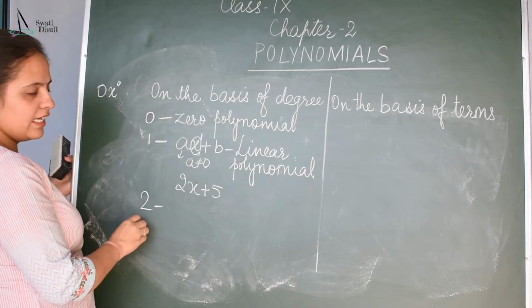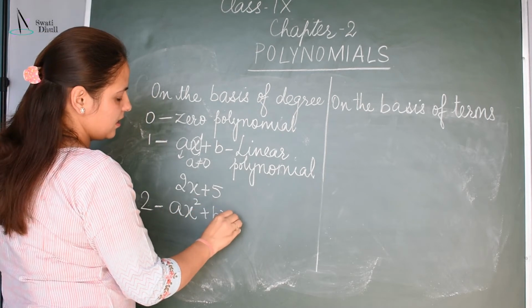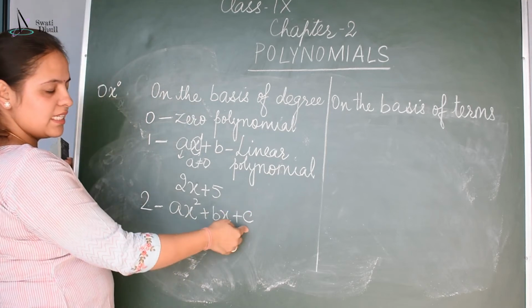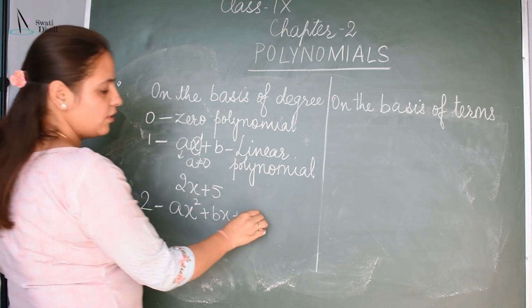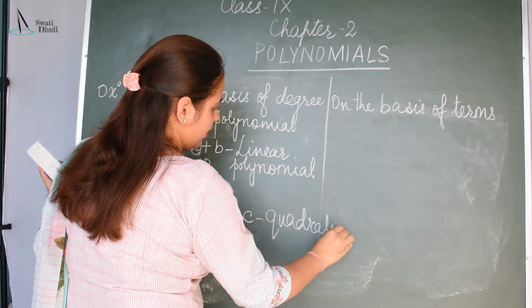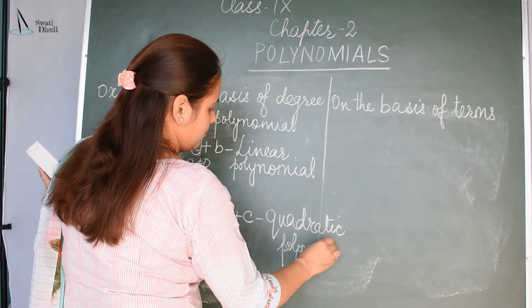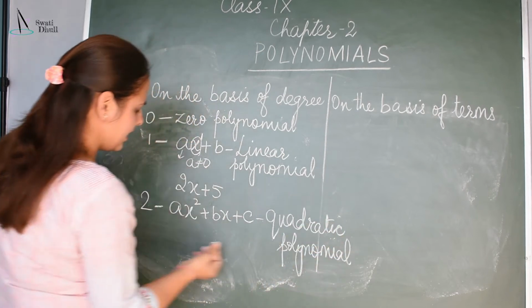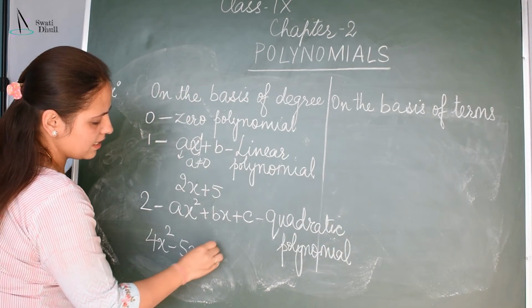When the degree is 2, it is of the form ax square plus bx plus c. a, b, c are constants and the highest power of x is 2. The degree is 2 here, so we call it a quadratic polynomial. An example is 4x square minus 5x plus 3.